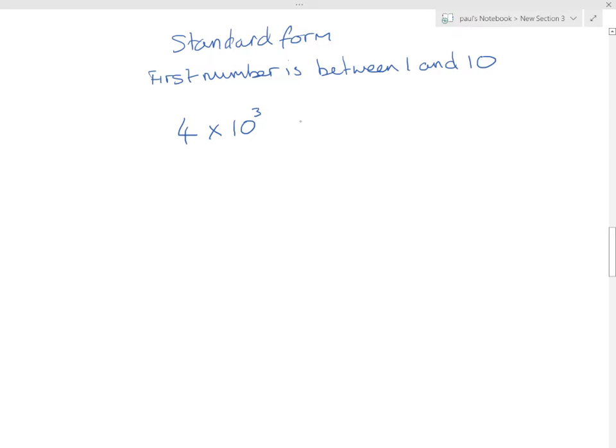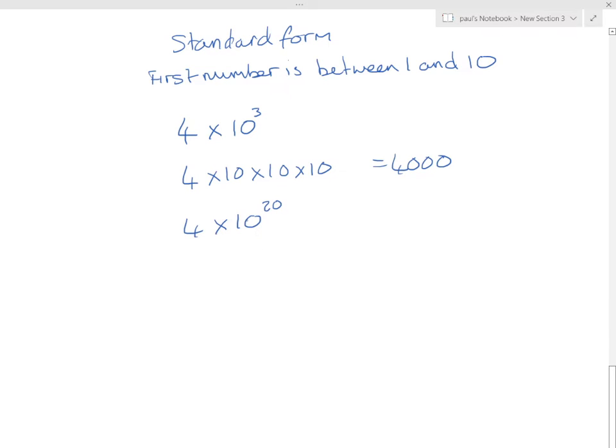So it would be 4 times 10 times 10 times 10, which is 4,000. Now, if you have 4 times 10 to the 20, this would be 4 times 10 times 10 times 10, 20 times. So it's a really easy way of looking at a very large number, or in fact a very small number, which we'll get onto in a minute.